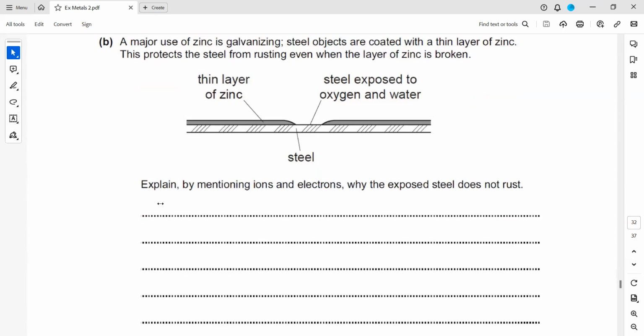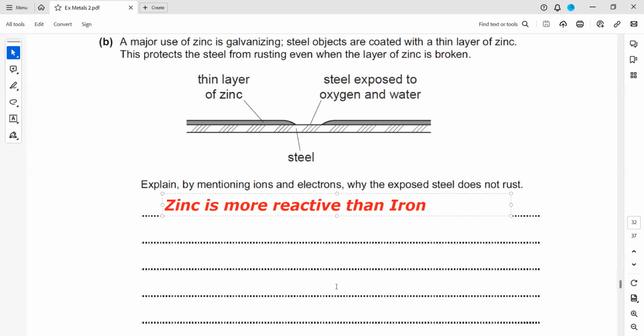First thing, zinc is more reactive than iron. Iron actually, steel, you can use the term steel as well because steel is an alloy of iron and carbon. So zinc is more reactive than iron.